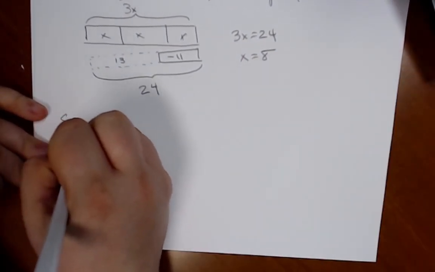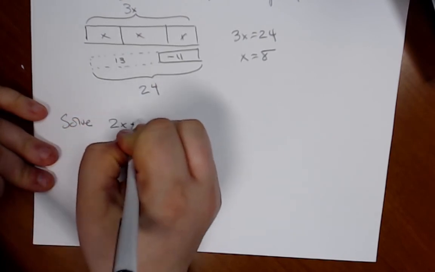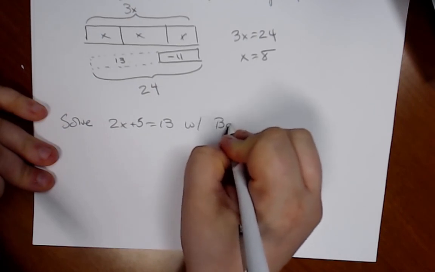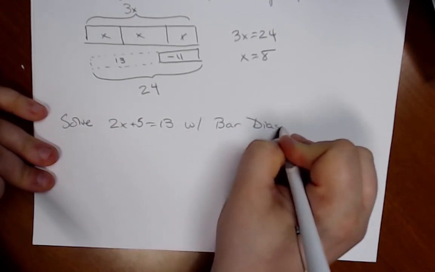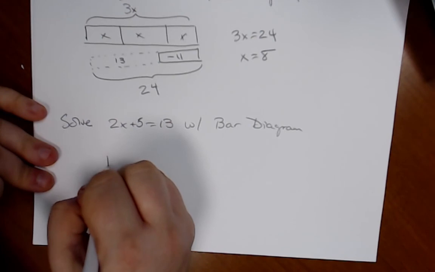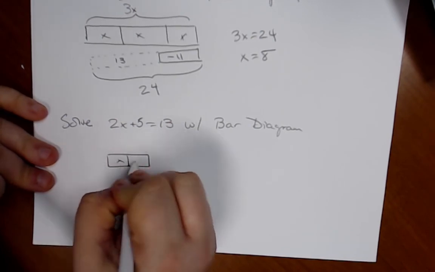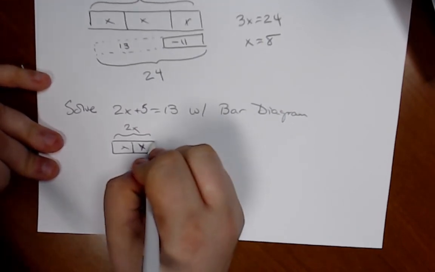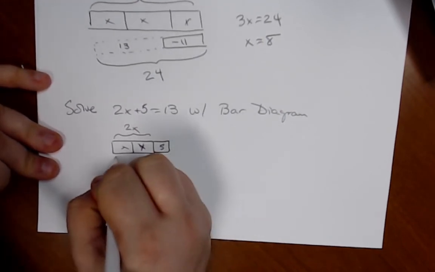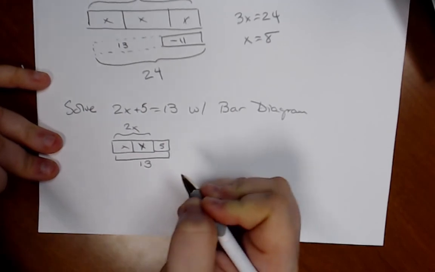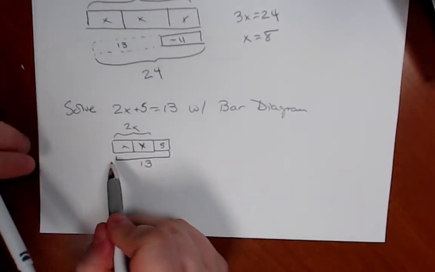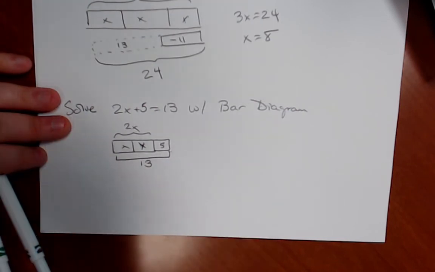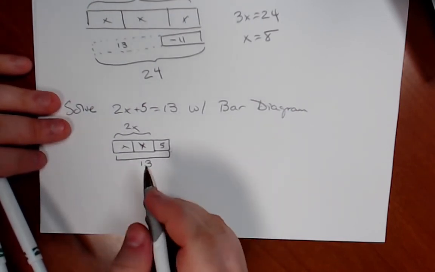Another one, solve 2x plus 5 equals 13 with a bar diagram. So I have my 2x, and then 5 more. This whole piece is 13. Well, if this whole piece is 13 and this part is 5, what do we know the 2x has to be?